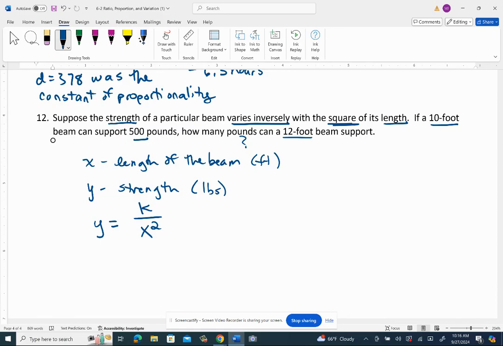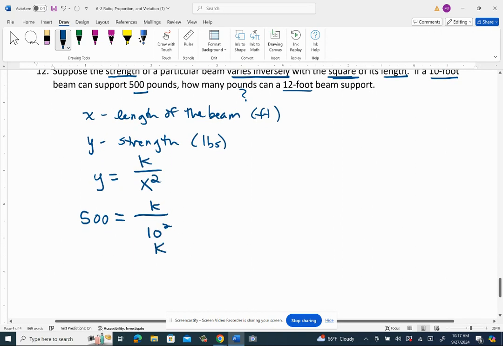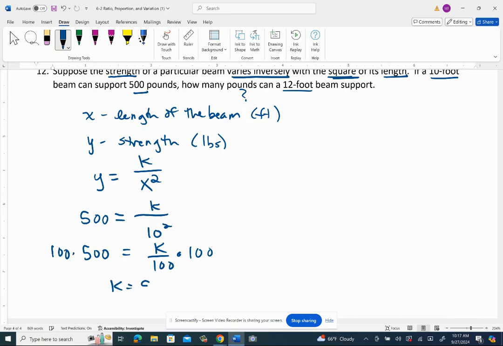Then I can find k by plugging in the known quantities: when the beam was 10 feet, it could support 500 pounds. So k over 100 equals 500, and if I solve for k by multiplying by 100, I get that k equals 50,000.